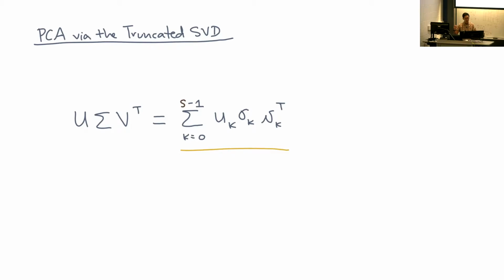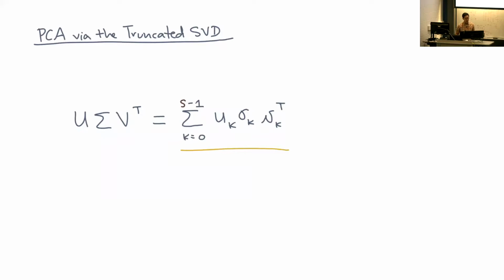Someone suggested a single value. It's actually not a single value. What is it? Sorry, about a column vector times a row vector. Okay, so the thing I get back is a matrix.